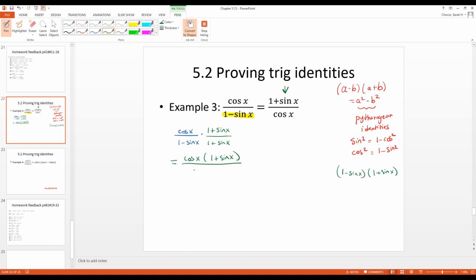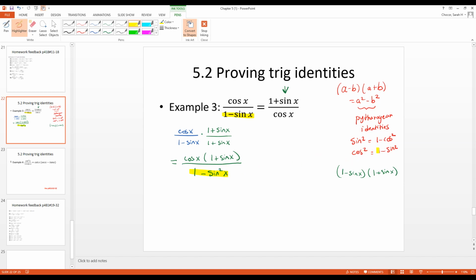So divided by a squared minus b squared, which means the first term squared minus the second term squared, and 1 squared is just a 1. And you can see now how useful this is. I got 1 minus sine squared.